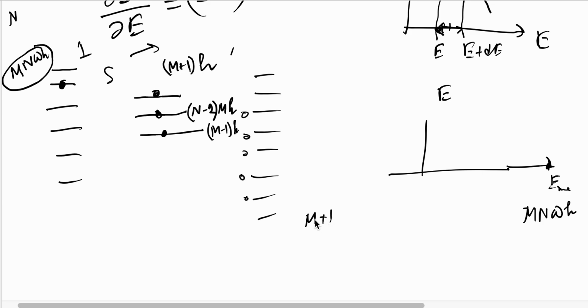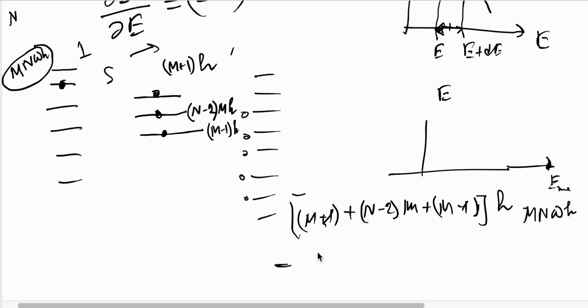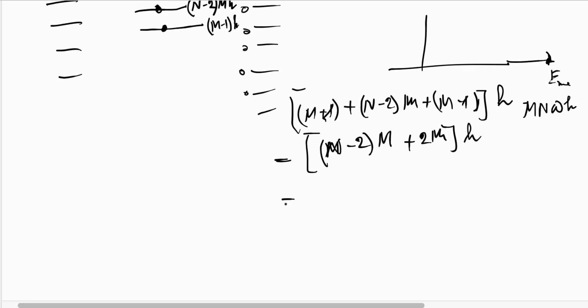If we add all of them up, m plus 1 plus n minus 2 m plus m minus 1, times h, the plus 1 and minus 1 give 2m, so I get n minus 2 m plus 2m, into h, so that is nmh minus 2mh plus 2mh, so it cancels out.